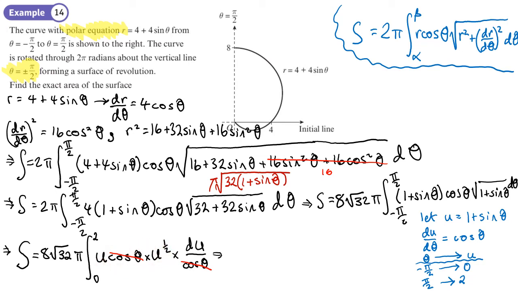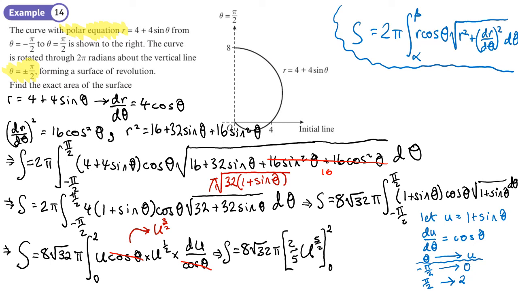So we can probably go straight now to our integration. So 8 root 32 pi, and as I said, this here just becomes u to the power of 3 over 2. So that will become, when it's integrated, 2/5 u to the power 5 over 2 between our limits of 0 and 2.